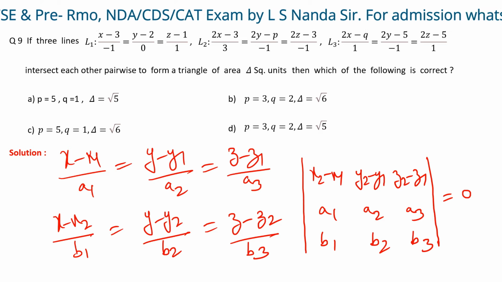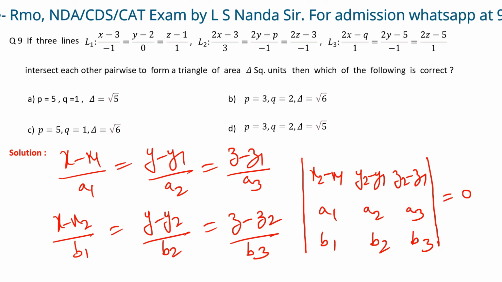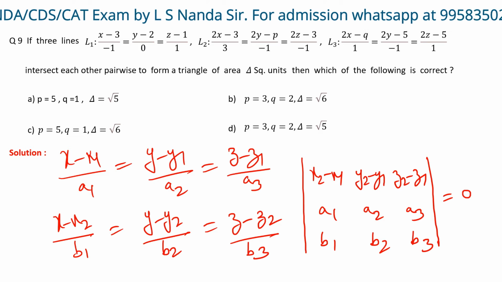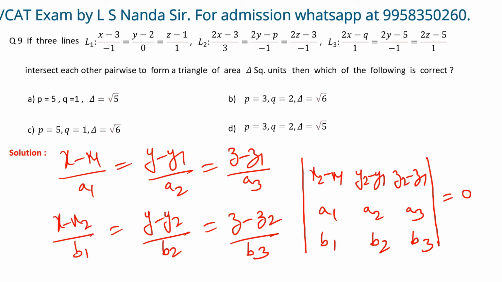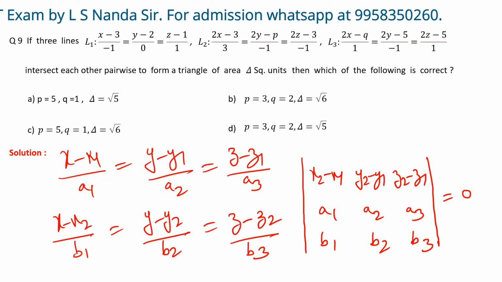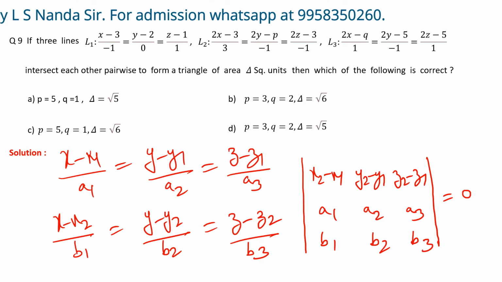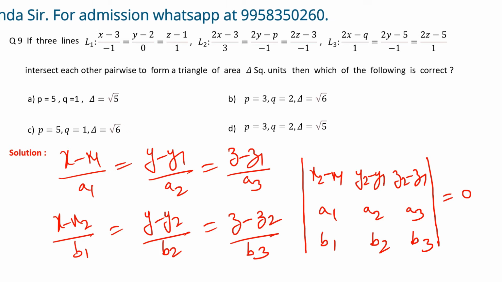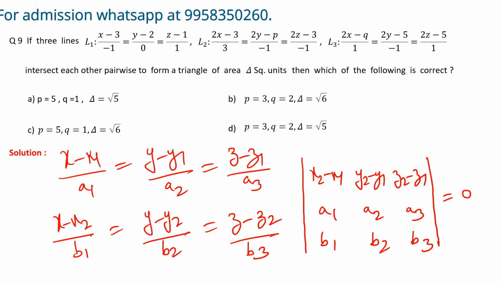Now here you can clearly see the direction ratios of L1 are minus 1, 0, 1. For the line L2, it is 3 by 2, minus 1 by 2, minus 1 by 2. Or you can also say 3 is to minus 1 is to minus 1. Then for L3, it is 1 by 2, minus 1 by 2, then 1 by 2. Or we can say 1 is to minus 1 is to 1. So clearly, they are not proportional, right?